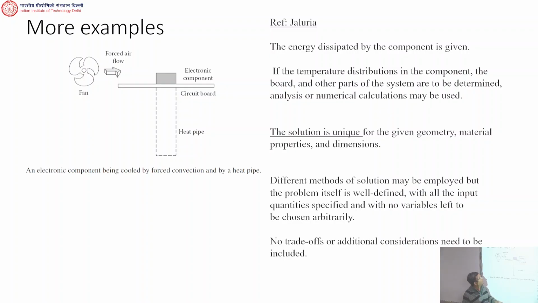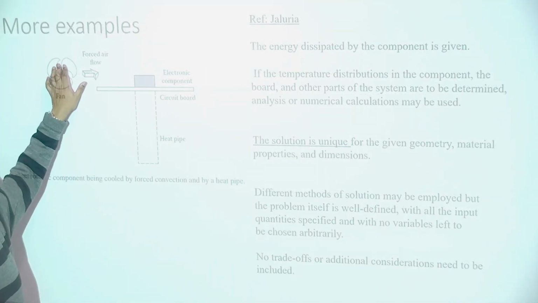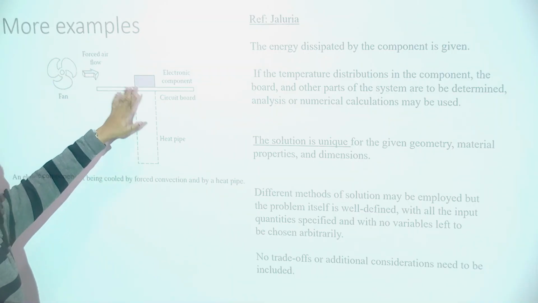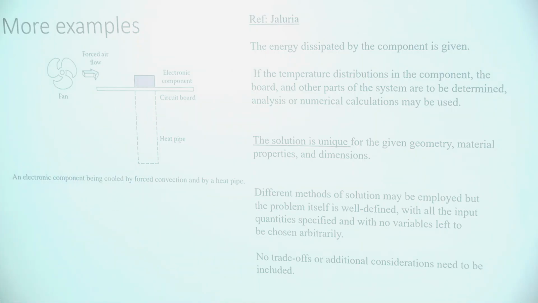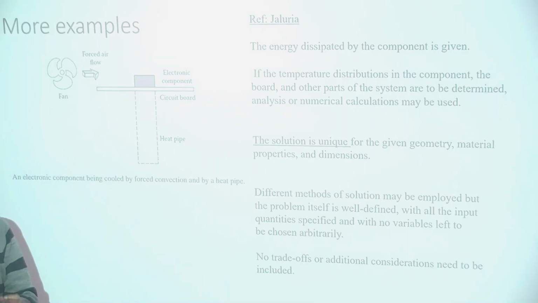What is important is that if somebody tells you from experience and from some knowledge of electronics that this works up to 80 degrees Celsius, just as an example, then the design problem is that you choose the fan and maybe choose some dimensions also. Here, mostly the fan only in the simple problem, you make sure that the temperature is less than 80 degrees Celsius for the heat dissipation from this component which is given to you.